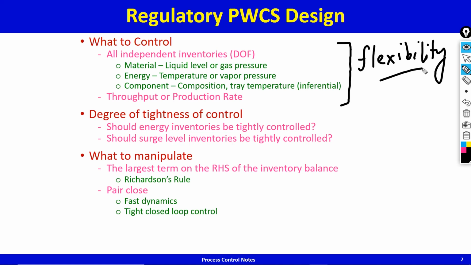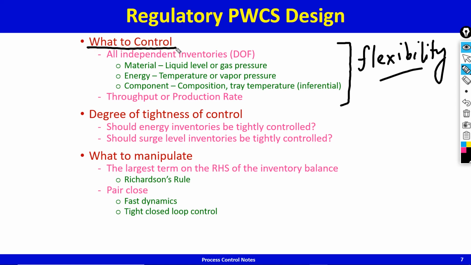Are you specifying flows? Are you specifying flow ratios? Are you specifying temperatures, or a combination of temperatures, or a composition ratio? I don't know. So there's tremendous flexibility that exists in what you specify corresponding to the degrees of freedom. So what to control, tremendous flexibility exists here.